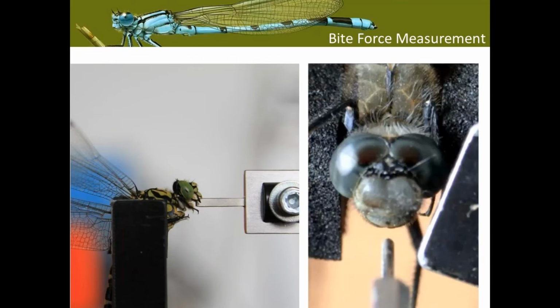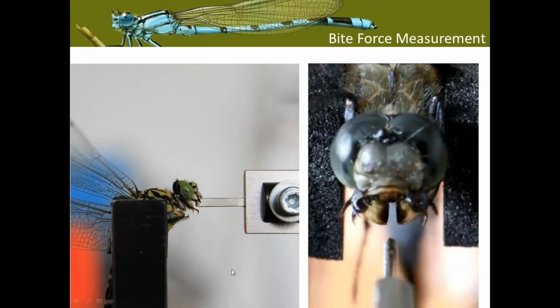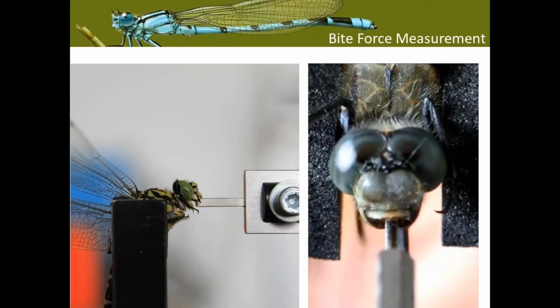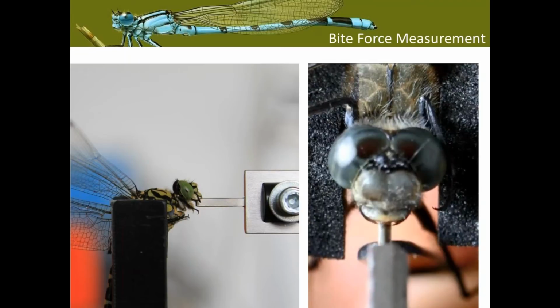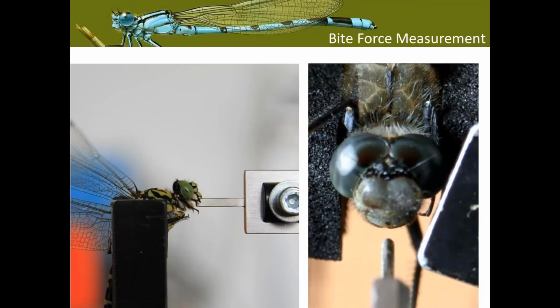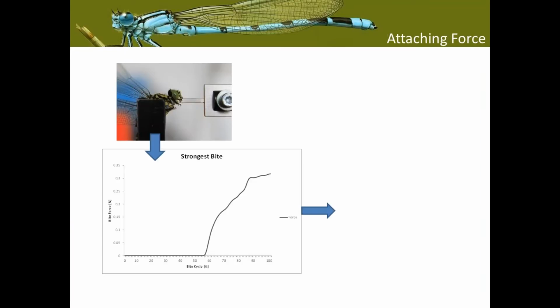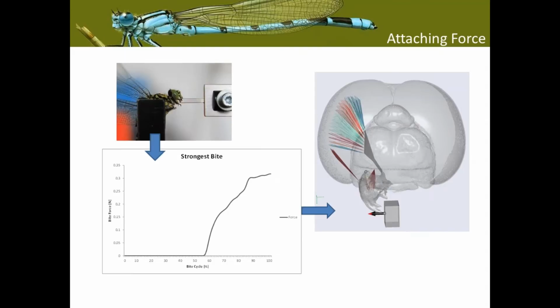We fixed the dragonfly into this soft caliper, so the dragonfly is not hurt, and then we started the measurement. I just want to give you a brief example of it. So this is how we measured the forces. And then we took this data and brought it into AnyBody.